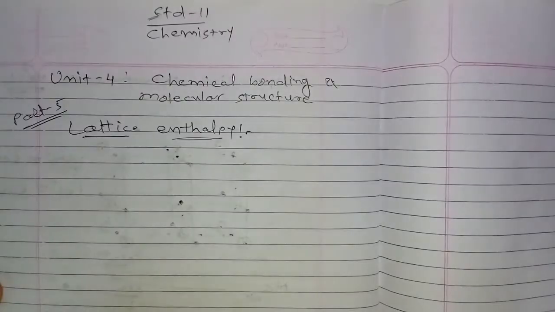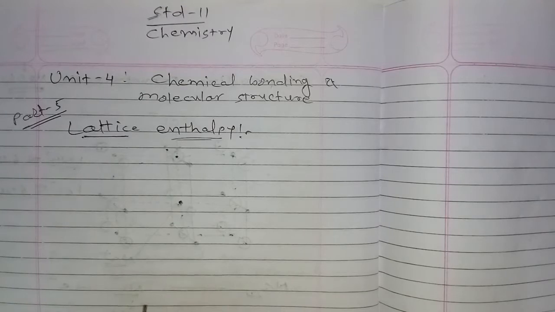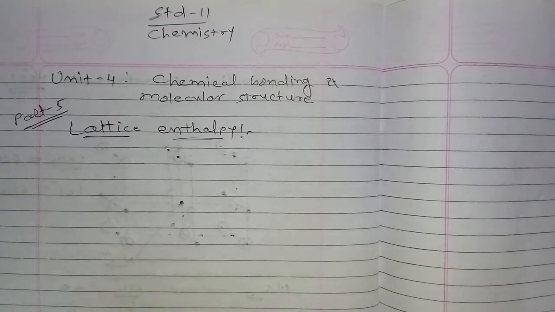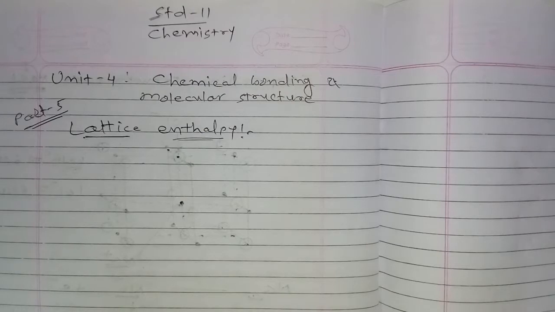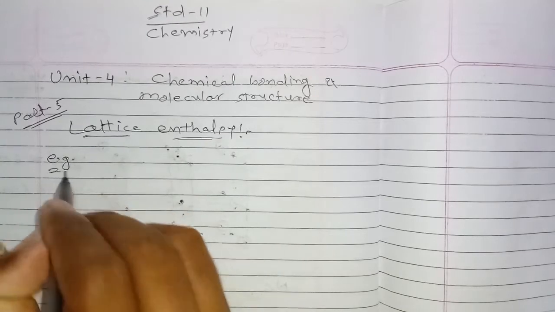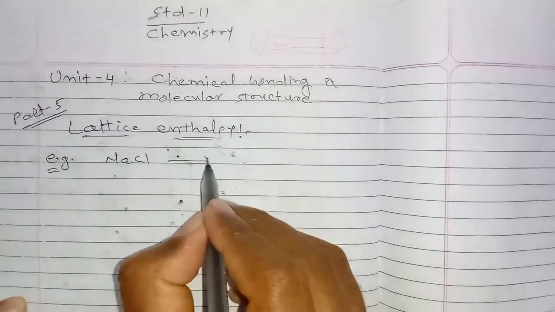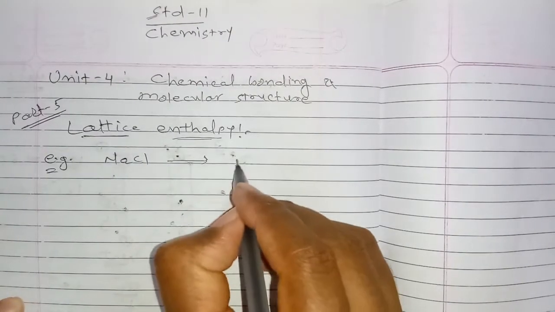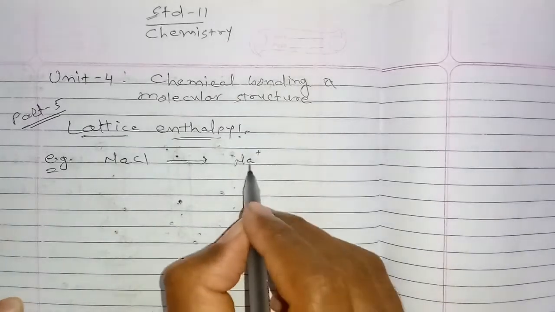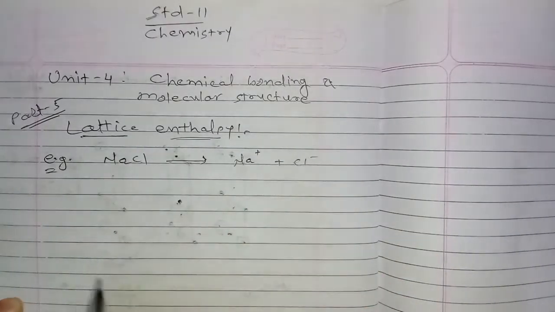What is lattice enthalpy? Energy required to separate 1 mole of solid ionic compound into gaseous constituent ions. For example, sodium chloride is ionized into sodium ion and chloride ion.